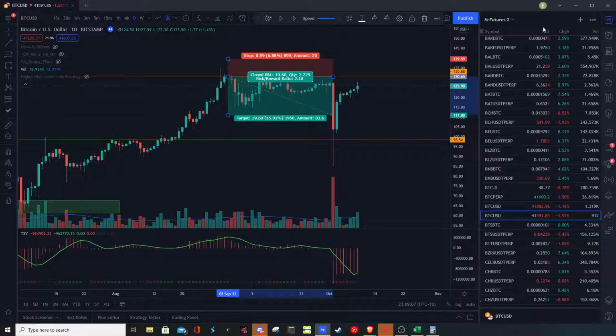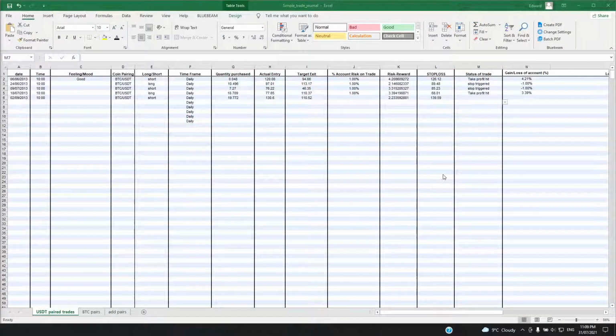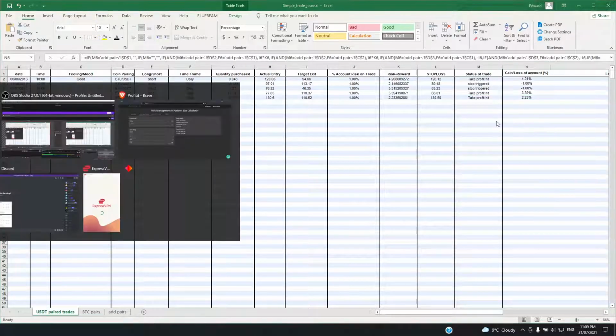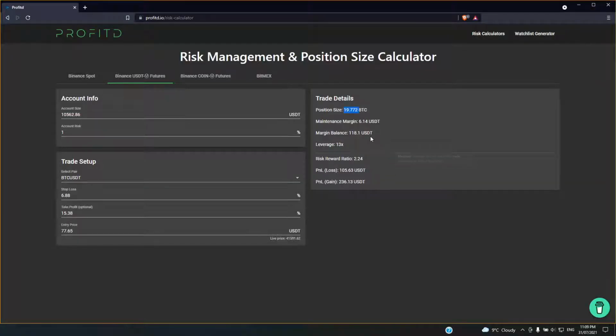Even though it's 1% account risk at all times, no matter what the stop loss is, the risk to reward ratio of the profit is only say 2.25 or whatever it was. So 1% there, and take profit hit. So 2.23% gain, which is pretty much just the risk to reward ratio.